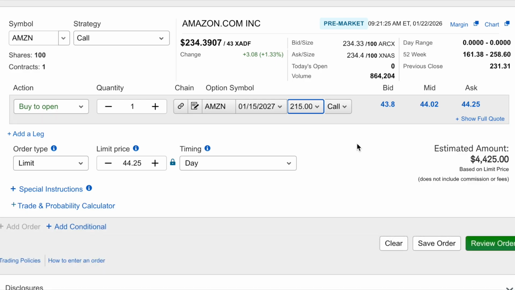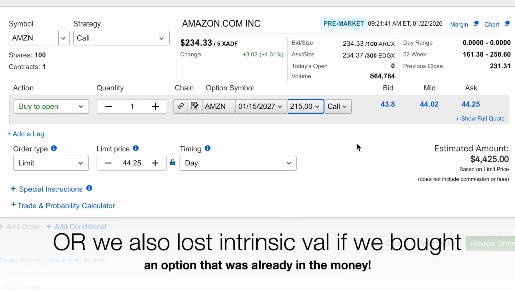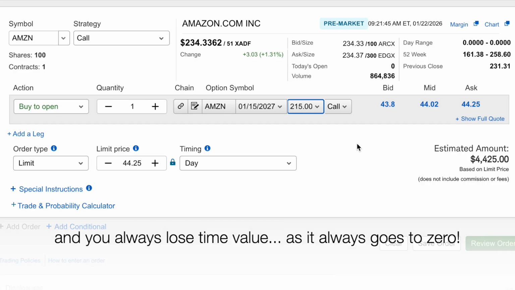If on expiration Friday, the call option expires worthless, that means that it did not get above the strike price. Even if it's trading right at the strike price we chose, we lost the money and time value that we paid for. So that is the call option.